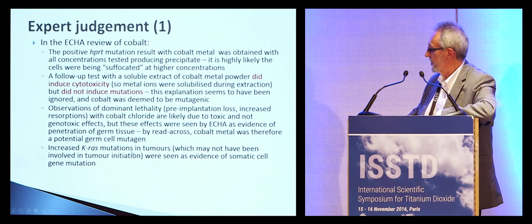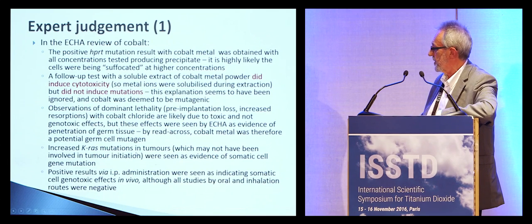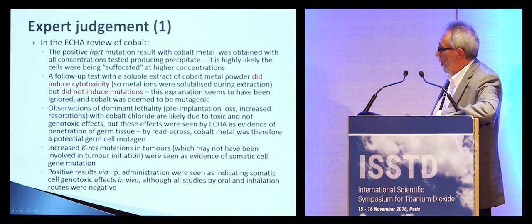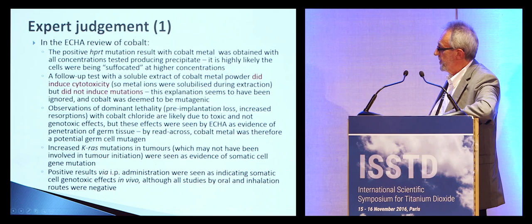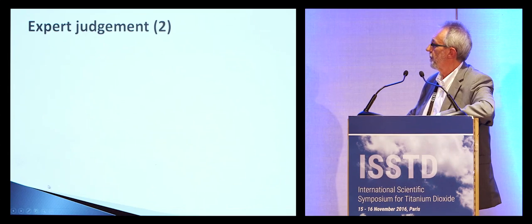But it was seen as evidence of somatic cell gene mutation. Also in the ECHA evaluation, positive results from in vivo studies using IP, intraperitoneal administration, which is not a physiological route and is specifically mentioned as such in OECD guidelines, were seen as indicating somatic cell genotoxic effects, even though all of the in vivo studies by oral and inhalation routes were negative.